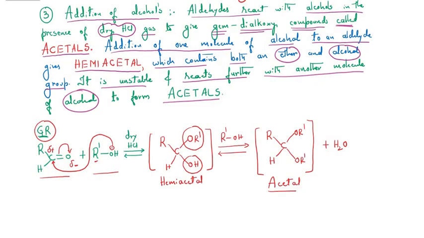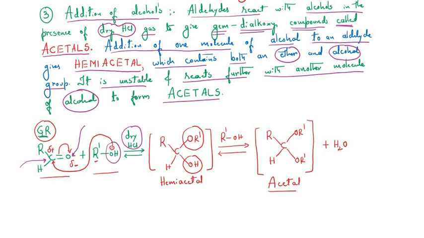Now some noteworthy points I will be explaining, students. This reaction is carried out in the presence of dry HCl. Initially it will be protonating the carbonyl oxygen. As and when it protonates this carbonyl oxygen, the electrophilic carbon will be carrying positive charge. It means that dry HCl will increase the electrophilicity of the carbonyl carbon, facilitating the attack of the nucleophile.